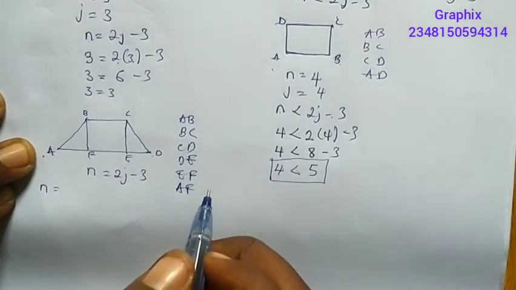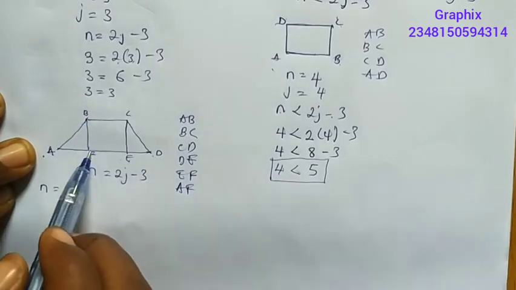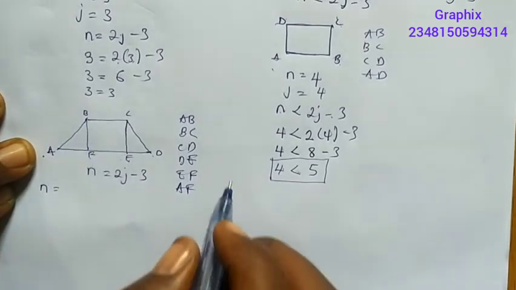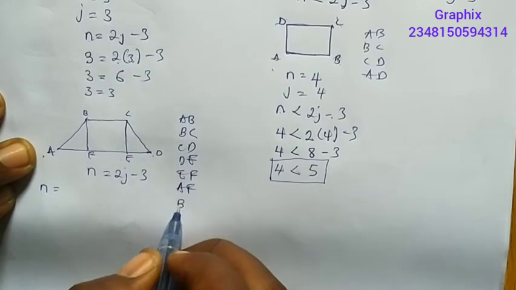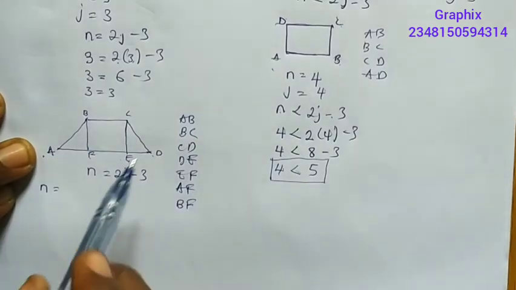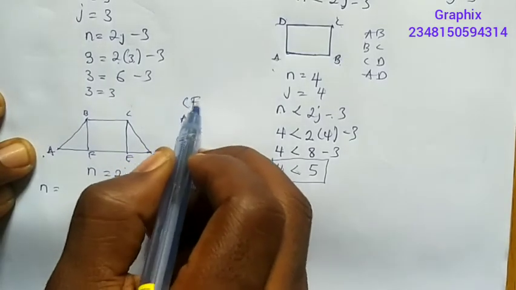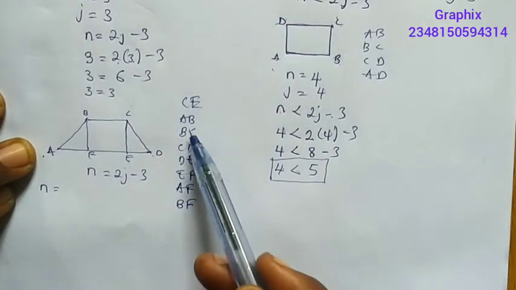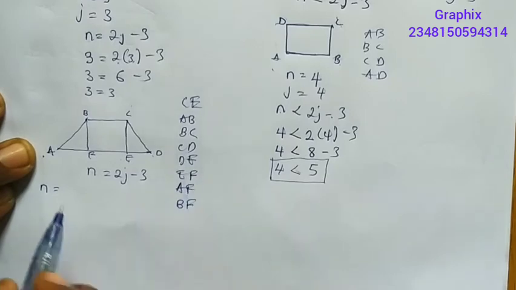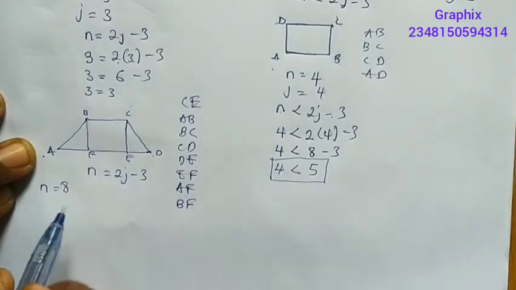Also BF is another member, and CE is another member. So we have 1, 2, 3, 4, 5, 6, 7, 8. We have 8 members in this structure here.